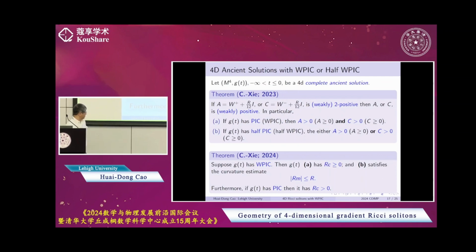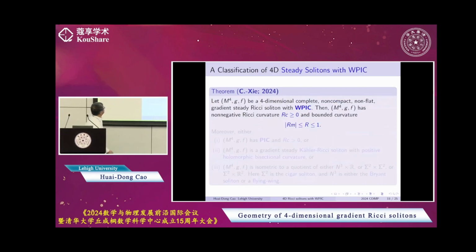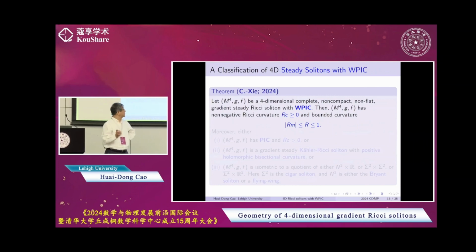And concerning the steady solitons with W-PIC, in the 3D case we already see the steady case is much more subtle. What we can show first of all, this is an easy consequence, is that scalar curvature is bounded by 1, so we have bounded curvature.